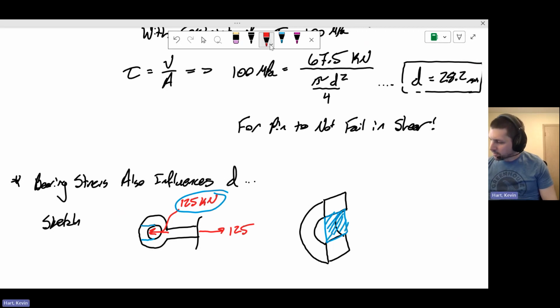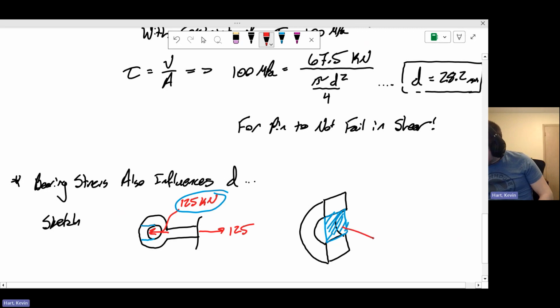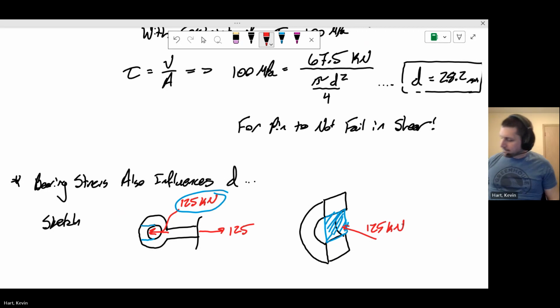So 125 kilonewtons are acting on this guy, which is looking at this thing if I were to cut this tie rod right here, right? And look at it in this general view.